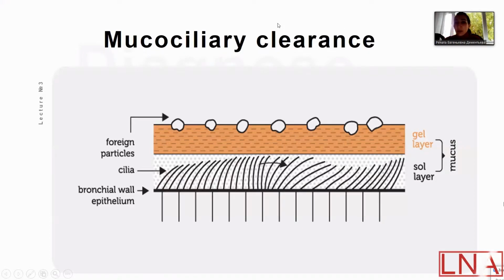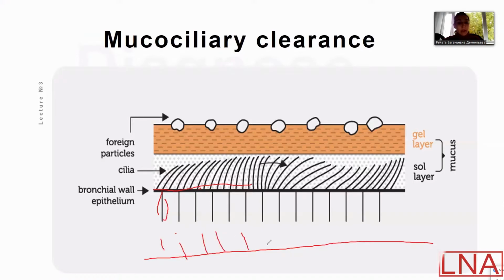Just a minute again. Look, the bronchial wall, the epithelium inside the bronchi, the lumen of the bronchi, the same type of bronchial wall in front, the same epithelium, for example. Next, look, the sol layer and the gel layer.